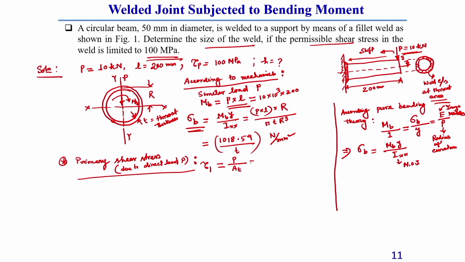So, this weld throat sectional area you can write as 2 pi r into throat thickness. So, if you put the value 10 into 10 to the power 3 divided by 2 pi, here r is 25, divided by t, it is giving us a value, this primary shear stress is 63.66 divided by T Newton per mm square.